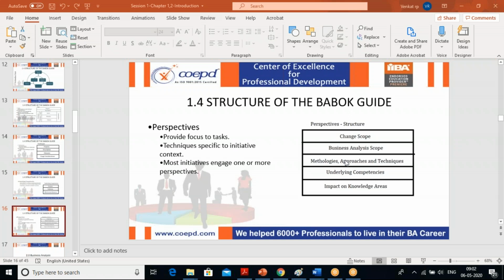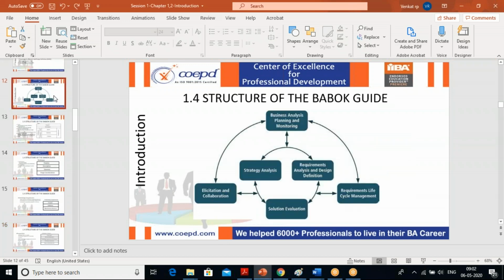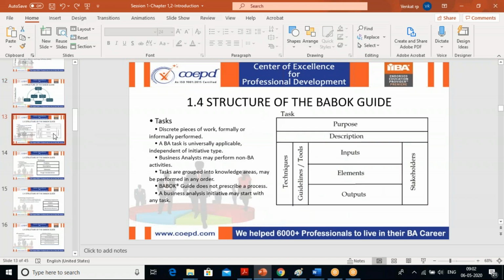Here, what we have learned so far is these 6 knowledge areas: business analysis planning and monitoring, requirements lifecycle management, elicitation and collaboration, strategy analysis, requirements analysis and design definition, and solution evaluation. You should memorize these 6 knowledge areas, and you should know what a task is and the components of the structure of a particular task.